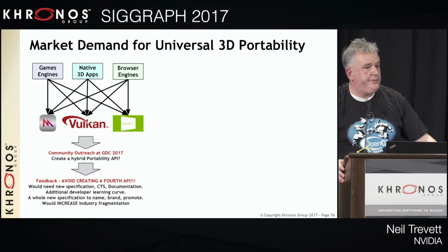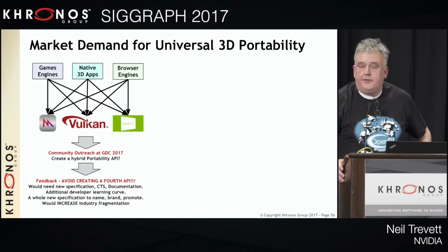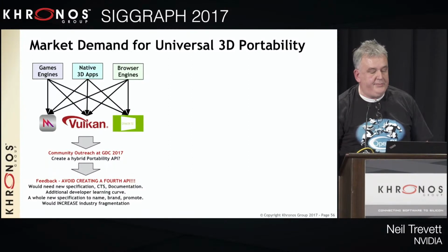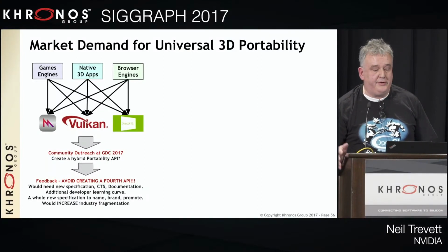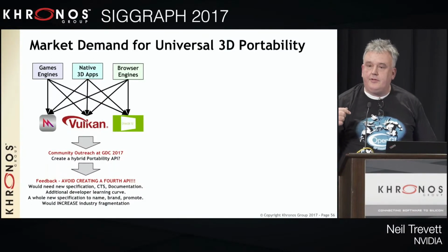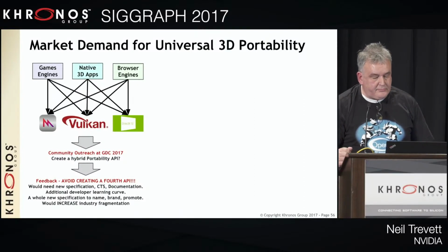Some DX12 systems, and certainly Apple systems that are now only shipping Metal as part of their platform definition. So that creates obviously an issue for many developers, people developing game engines, native apps that need to run everywhere, and browsers, which are also, of course, a universal application that needs to run everywhere. It's the number one question I get asked about Vulkan: when can we get Vulkan on Apple?